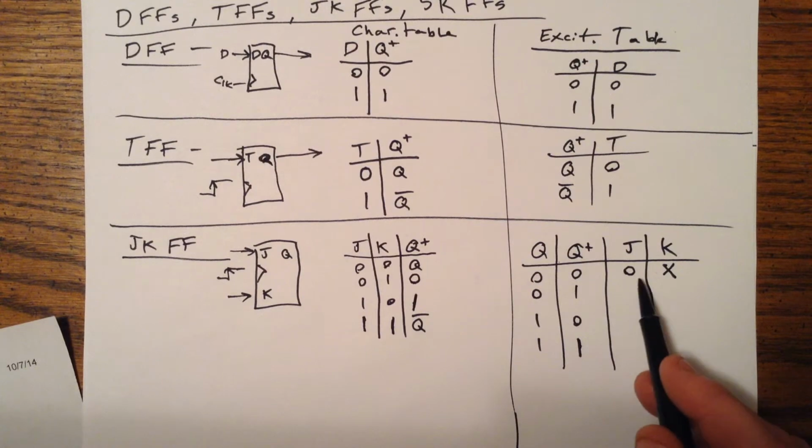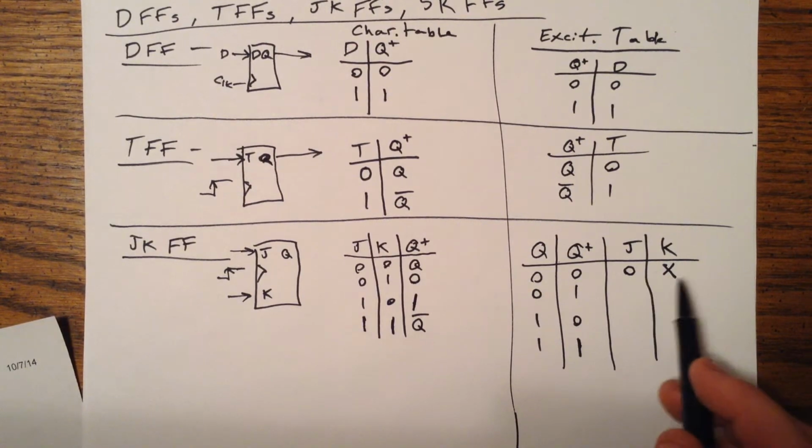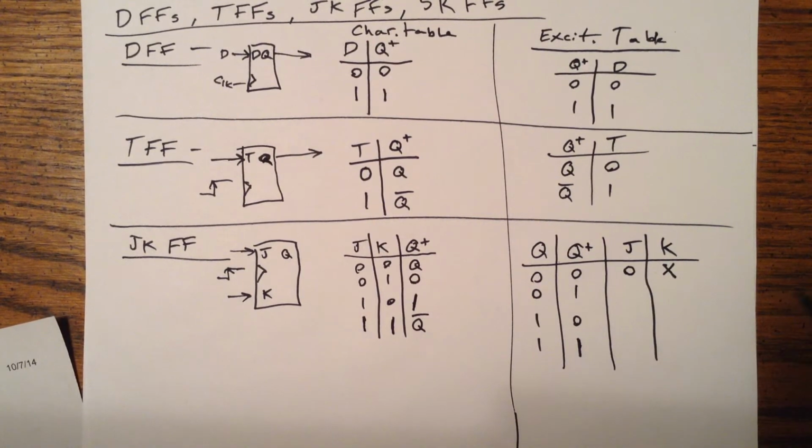So that's kind of our excitation table for a JK flip-flop. And you can see how the K would actually simplify a little bit easier when you're doing your K-maps at the end to see what the inputs to the flip-flops are, because there's a lot of don't cares, and we love don't cares doing K-maps. So let's go ahead and do the next one. If we get a 0 and then a 1, then we know it could be a set, or it could be a Q naught, right?